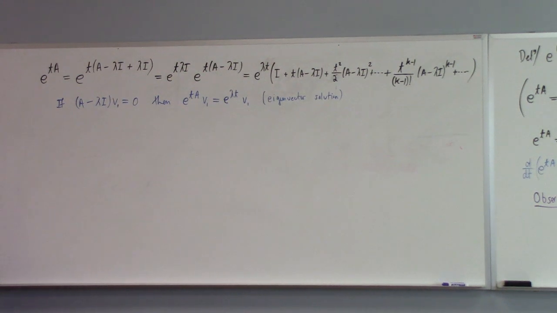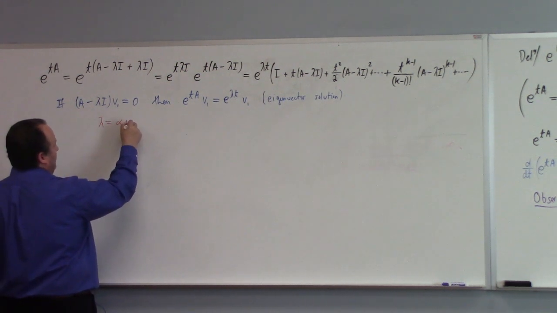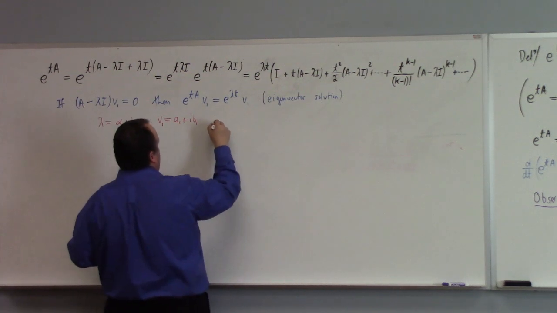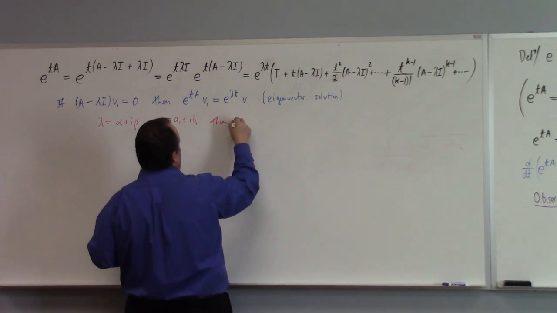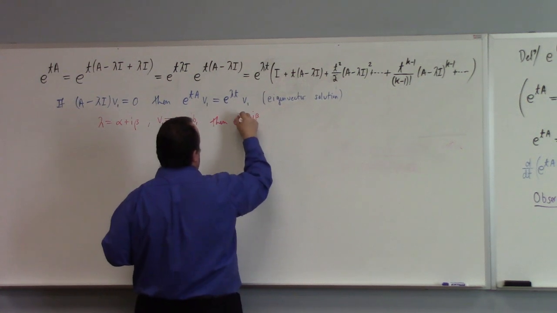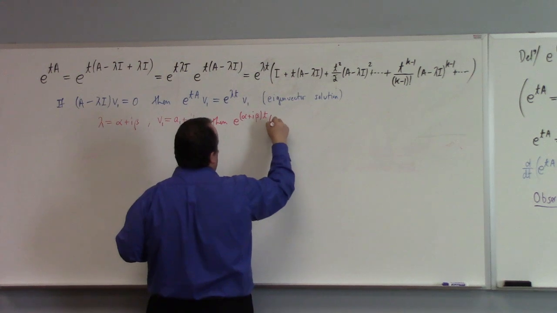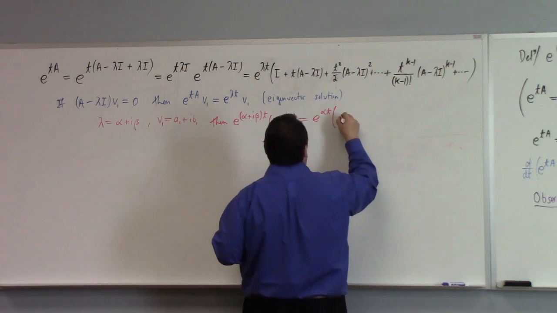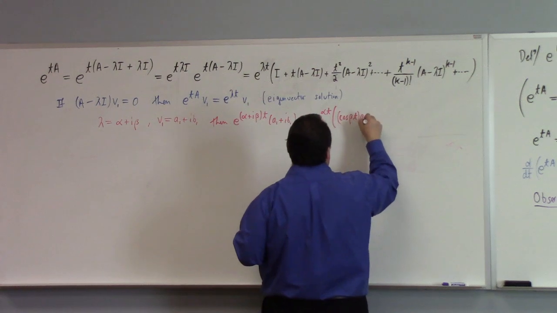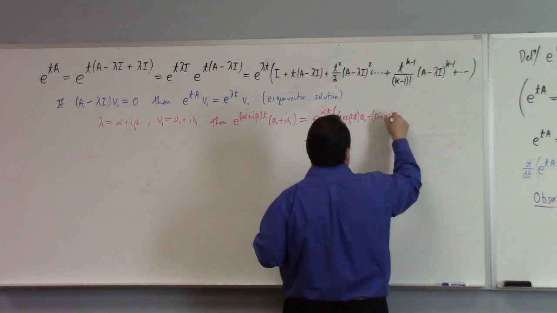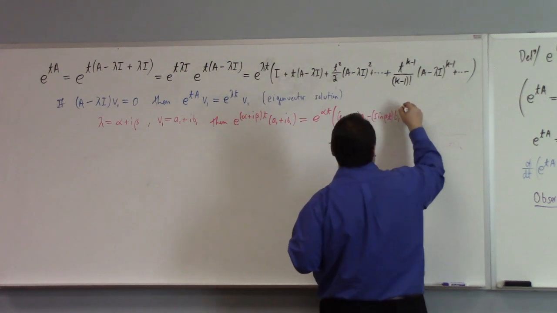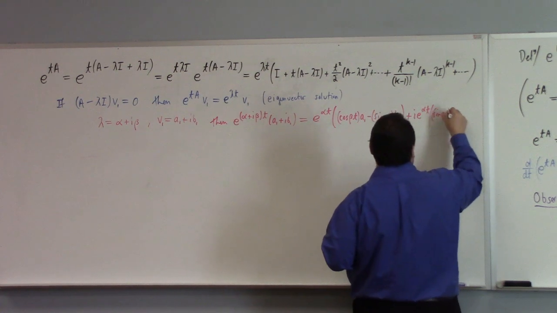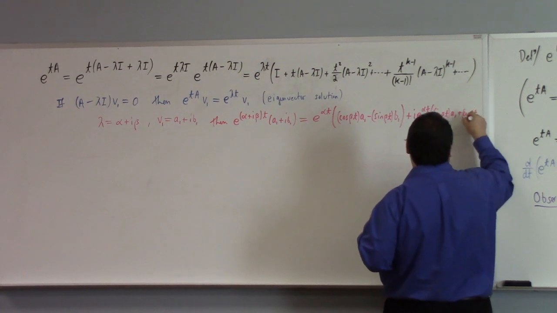If we have lambda equals alpha plus i beta, and v1 is a1 plus i b1, then e to the (alpha plus i beta) t times (a1 plus i b1) is actually equal to e to the alpha t, factor that out, and it gives you a cosine beta t a1 minus sine beta t b1, plus i e to the alpha t sine beta t a1 plus cosine beta t b1.